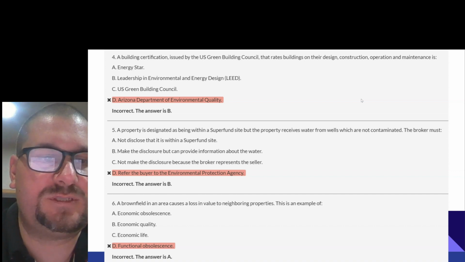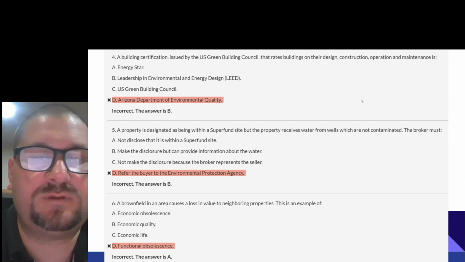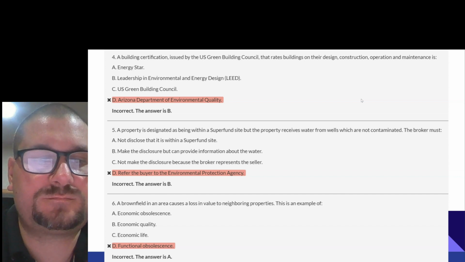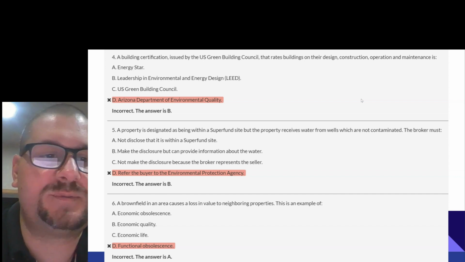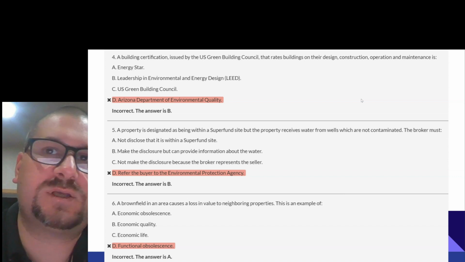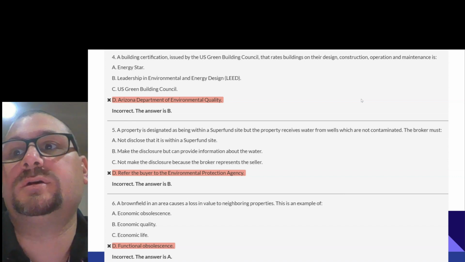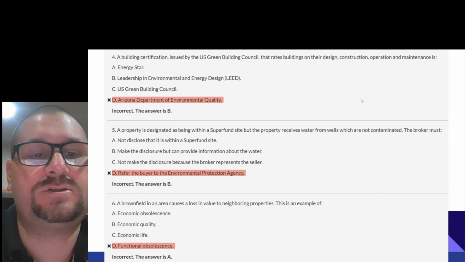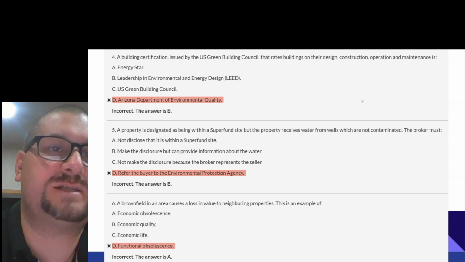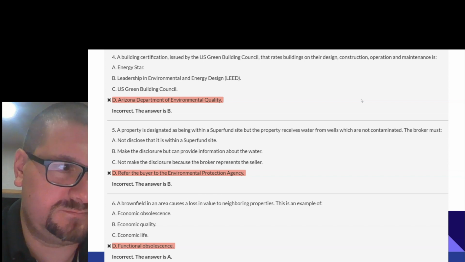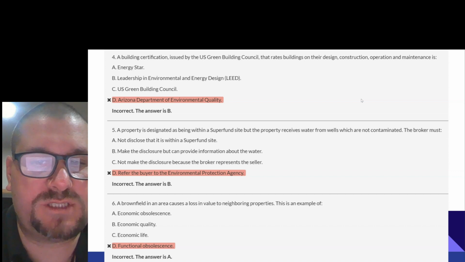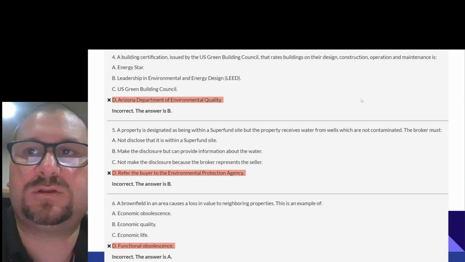Number 6, a brownfield in an area causes a loss in value to neighboring properties. This is an example of alpha, economic obsolescence. We talked about economic obsolescence. It's comparing your subject property, your house, to your neighborhood, really. A brownfield is like a commercial property that has some hazardous material in it.